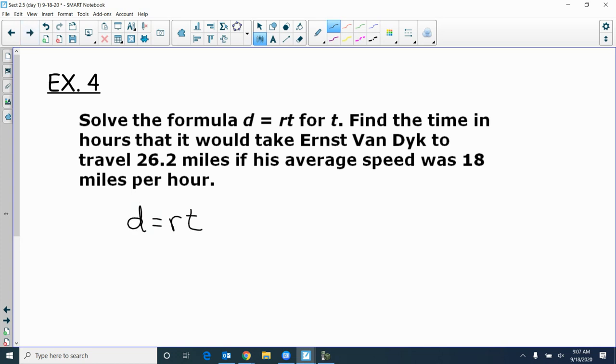Because they're asking us to do a couple steps here. Okay, first thing, solve it for T.